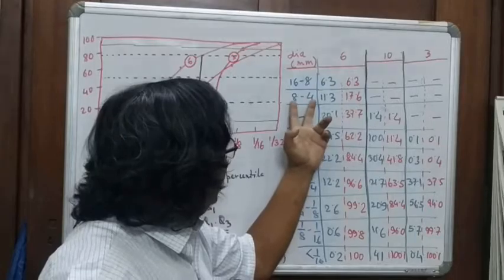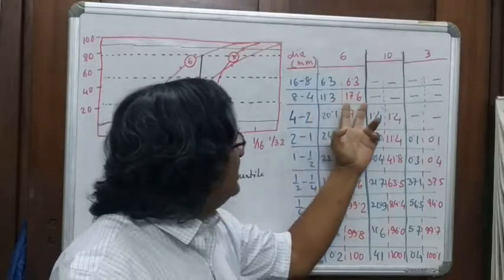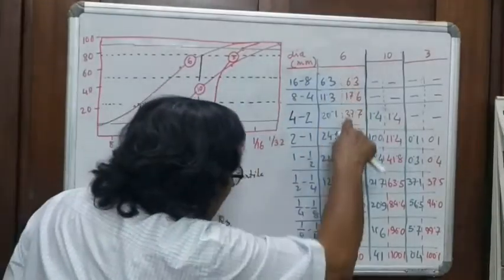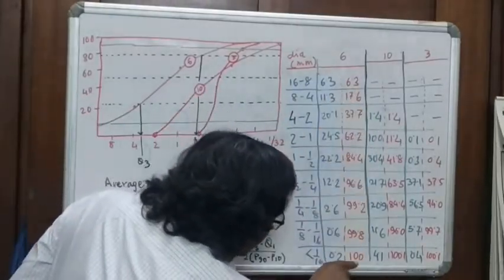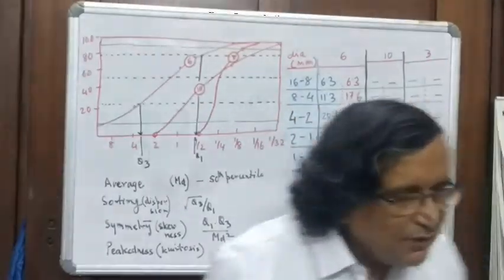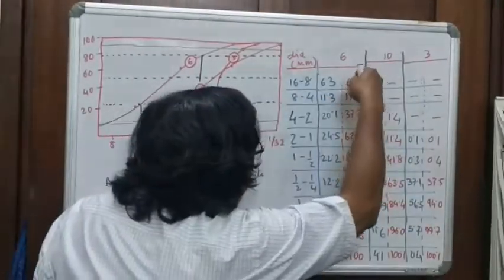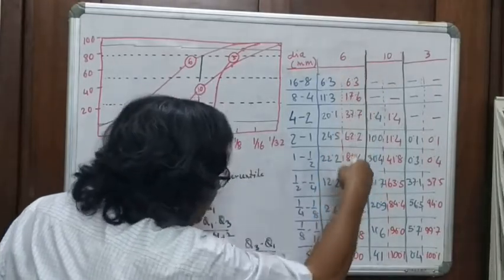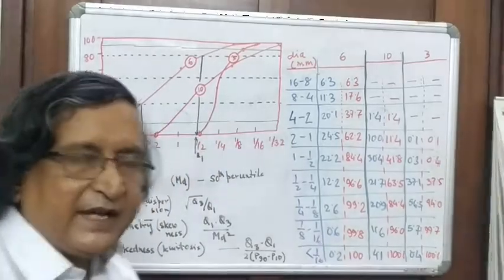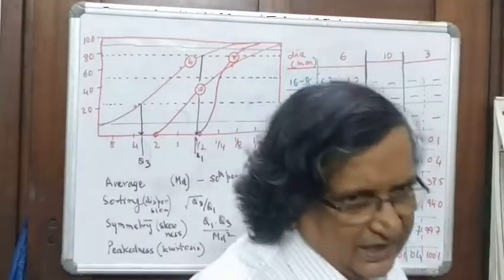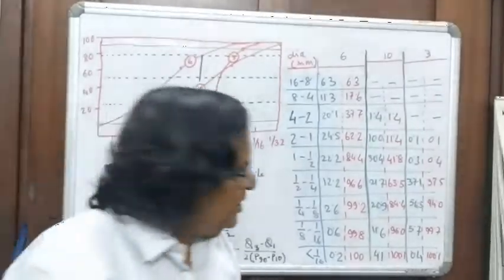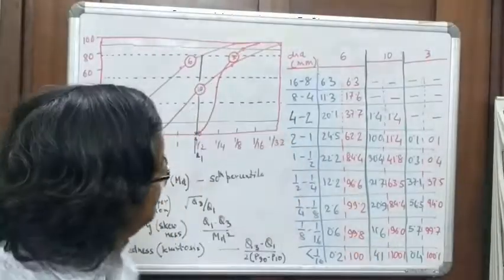For class interval 8 to 4, this is the frequency, and this is the cumulative frequency. Have you understood? When you come to the last one, it should be 100, because that's the total percentage that you have. Normally the value varies from 99.9 to 100.1 because of errors, etc.